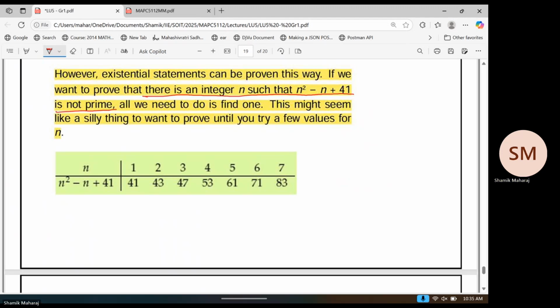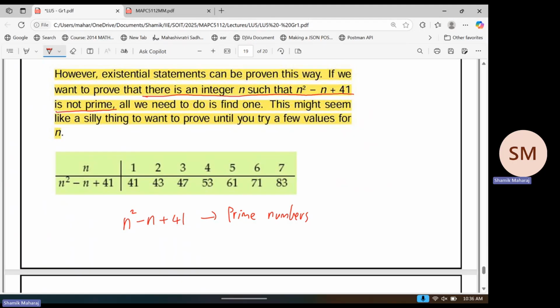In other words, we want to prove that for this formula, n squared minus n plus 41, the output is not prime. So the claim is that this formula always outputs a prime number.